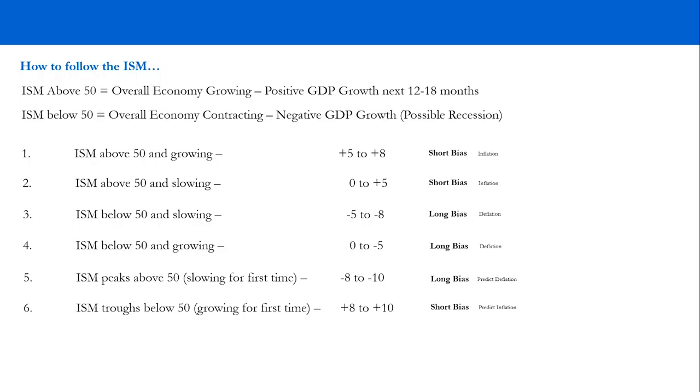So we're predicting that in 12 to 18 months' time, the economy is going to have negative real GDP growth. And that means we're looking to have a long bias on the currency, because deflationary conditions cause a currency to have the opposite situation in terms of inflationary conditions.